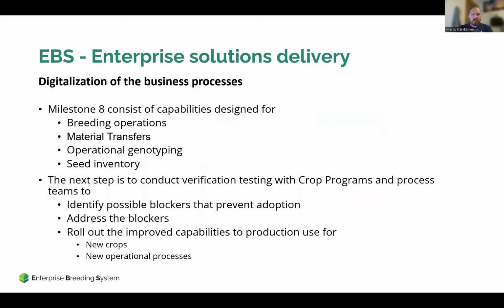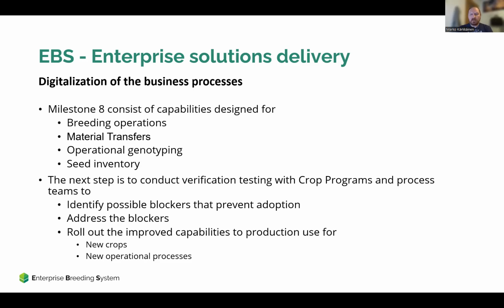In milestone 8 and even previous versions, we have provided a lot of design capabilities for different operations: breeding operations, material transfers, operational genotyping, and inventory, for example. We have worked with subject matter experts, gathered the requirements, and implemented workflows that support these operations.